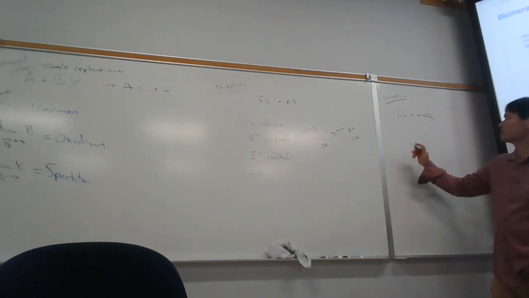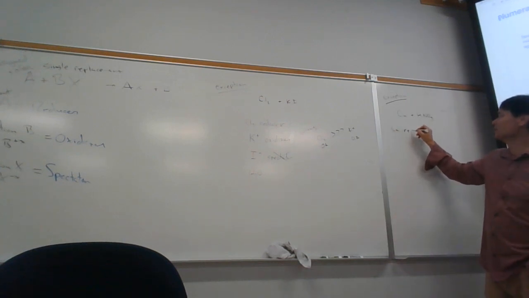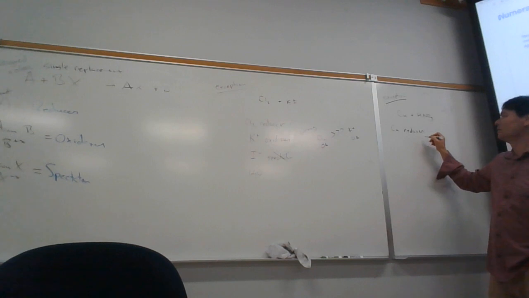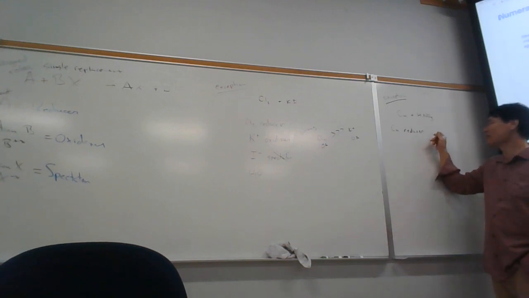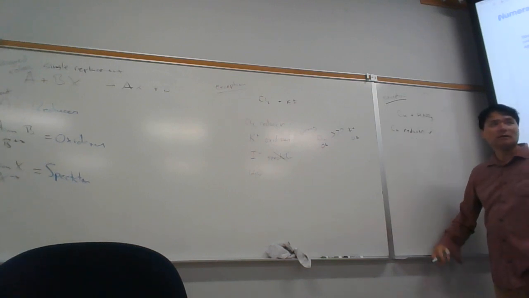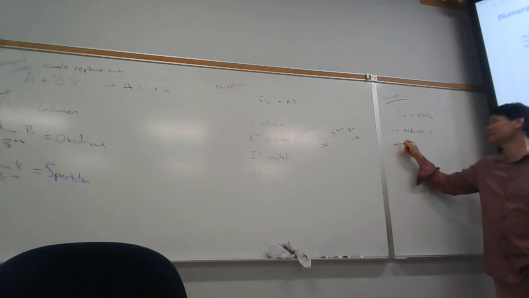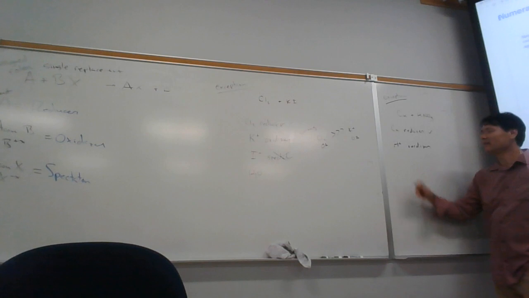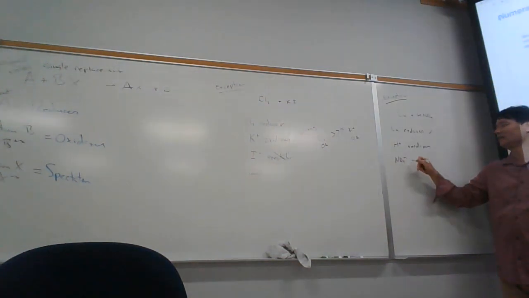The roles that were assigned: copper is the reducer. There's no problem with that. Copper is the reducer. The next one is that H plus is the oxidizer, and nitrate is the spectator.